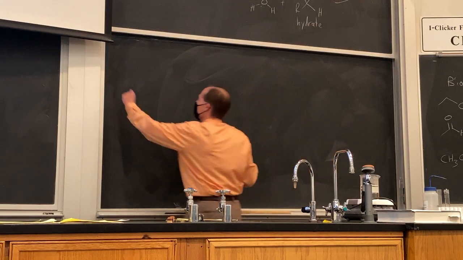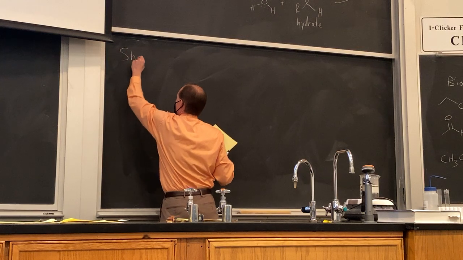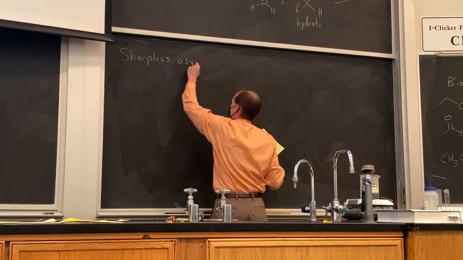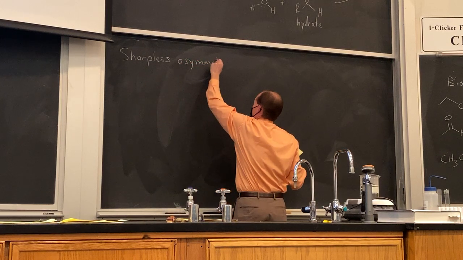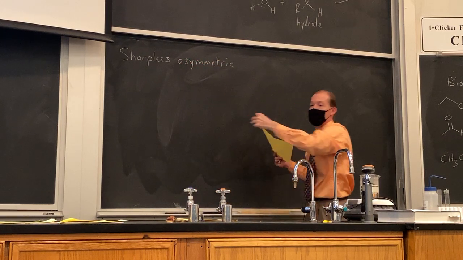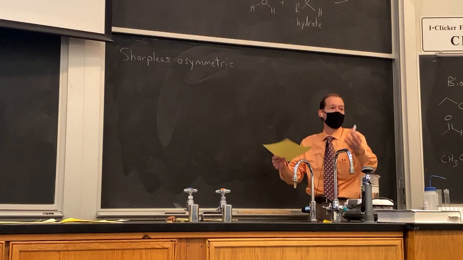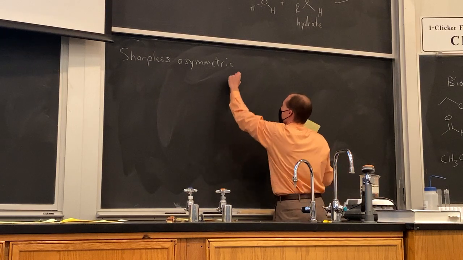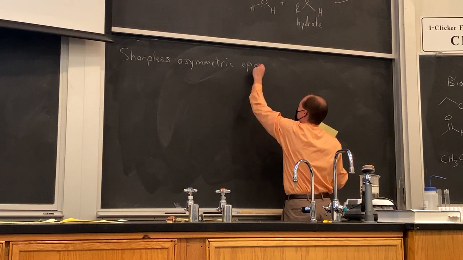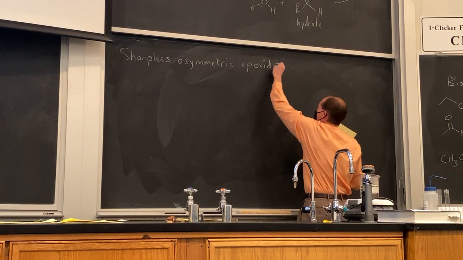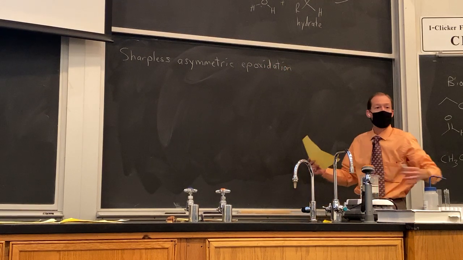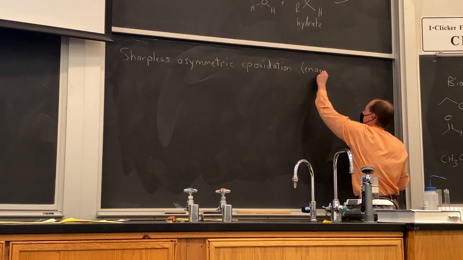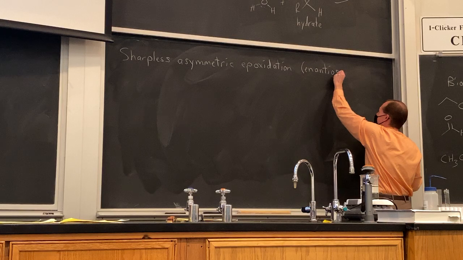And that's using a reaction that we'll call the Sharpless asymmetric epoxidation. And the asymmetric is referring to the fact that we're not getting a one-to-one mixture of enantiomers, that we're getting a major enantiomer and a minor enantiomer. So we could call that an asymmetric reaction, since it's not giving us a one-to-one mixture. We can also call it an enantioselective reaction.